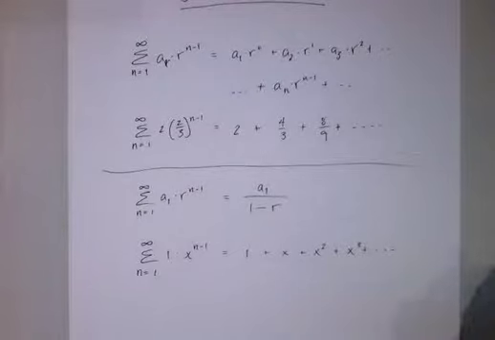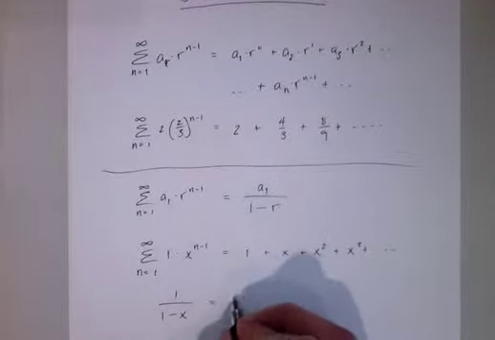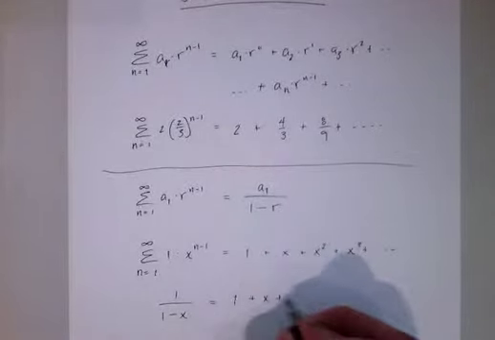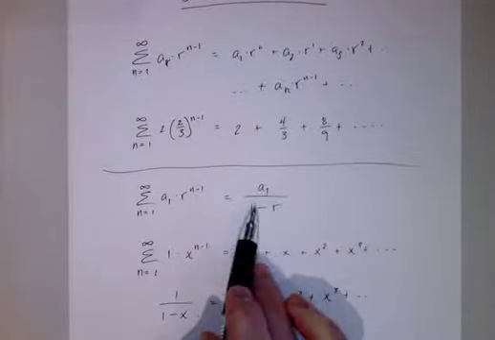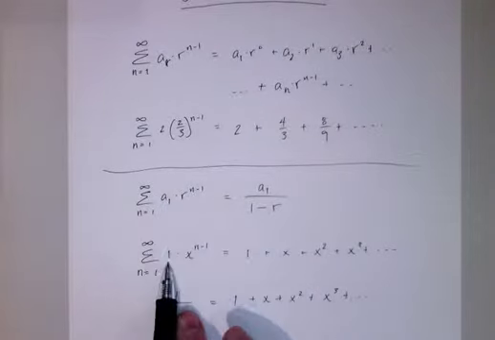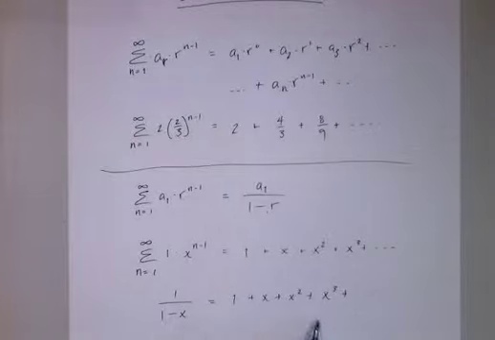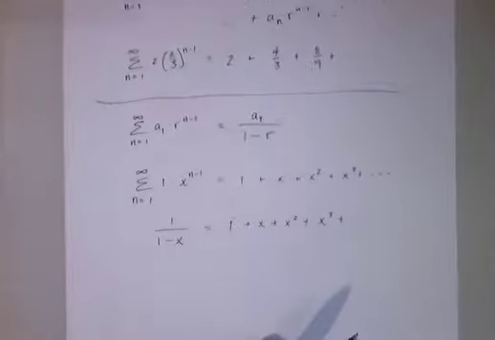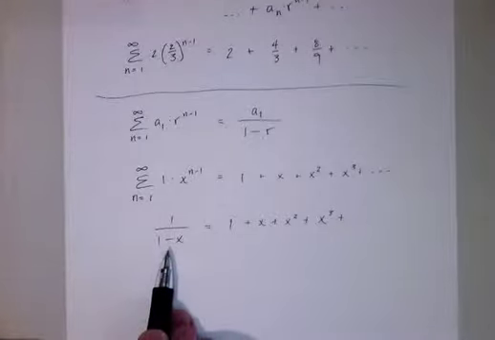Well, that should then be equal to 1 over 1 minus x, right? Based upon this relationship right here, all I've done is replace a sub 1 with 1 and r with x. So this should work, right? This should be representative of this.